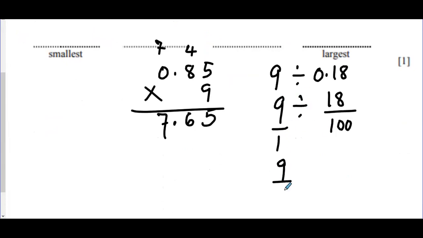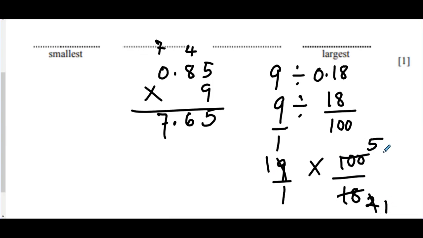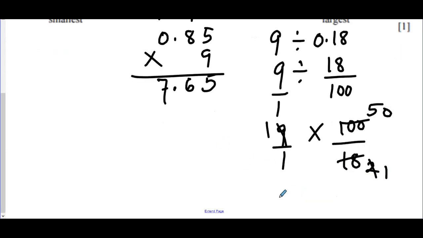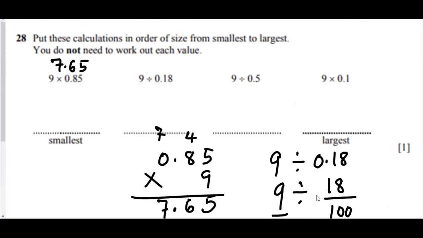So this will be 9 over 1 times 100 up, 18 down. And then look across. Can you simplify that? By 9, 1 by 9? By 2, 1 by 2? So what is the answer, class? So 9 divided by 0.18 is 50.